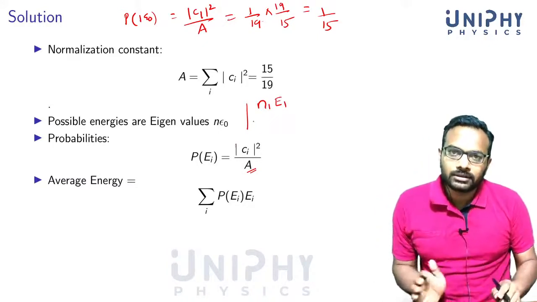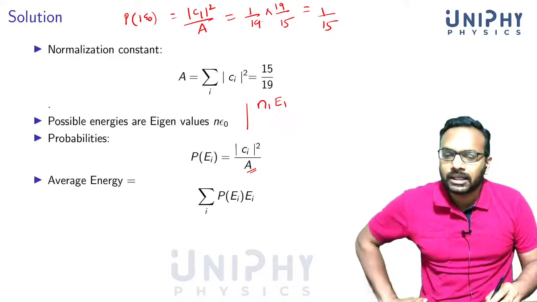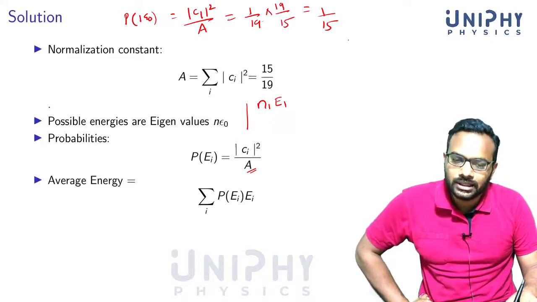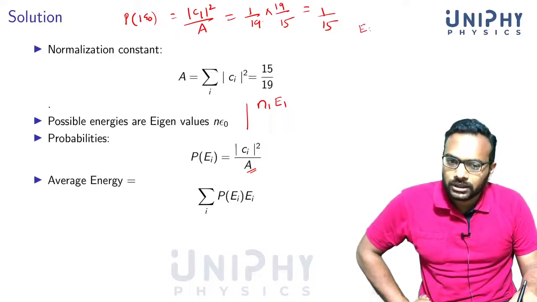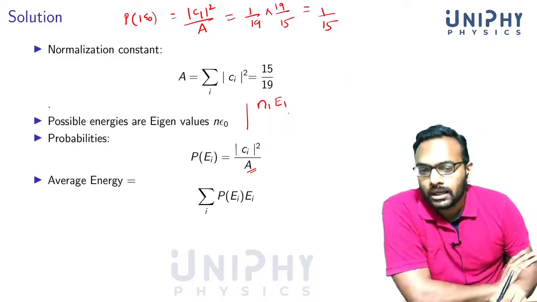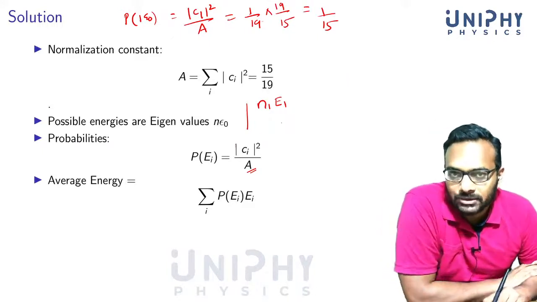You add all the values and divide by the total number of measurements. Am I right? You add all the values that you got, E1, E2, E3, etc., and divide by the total number of trials you have made.